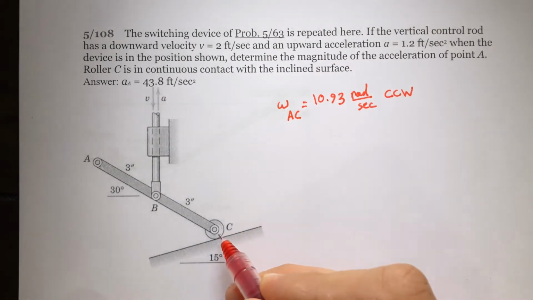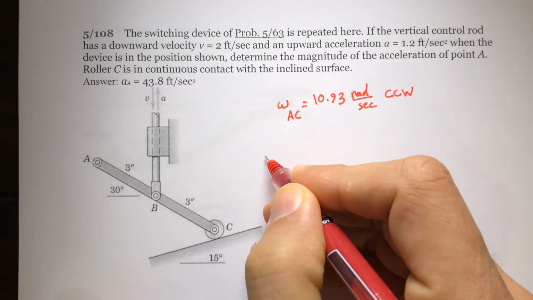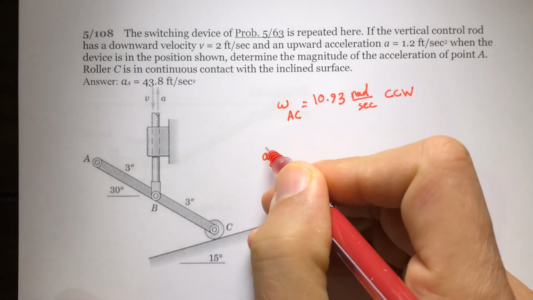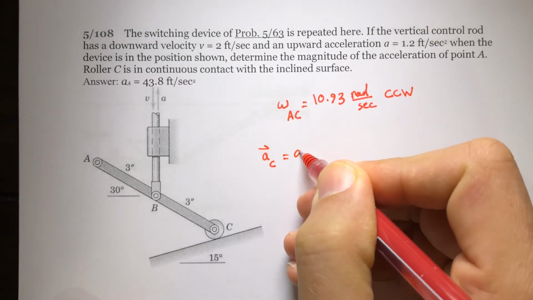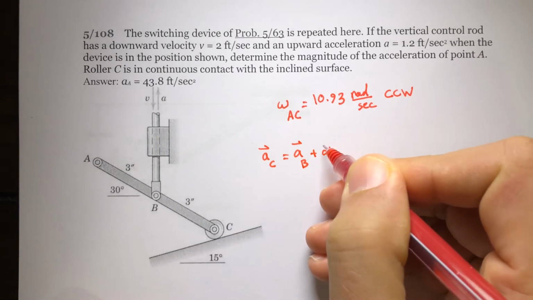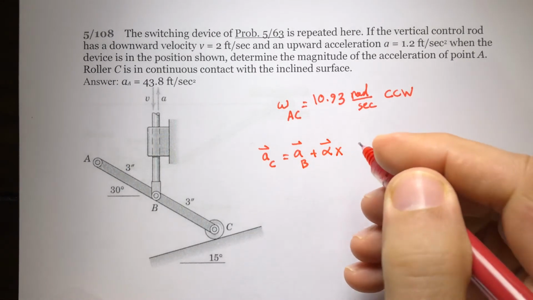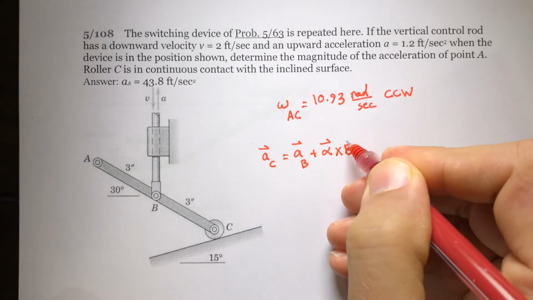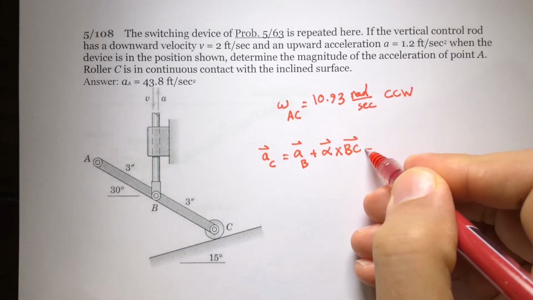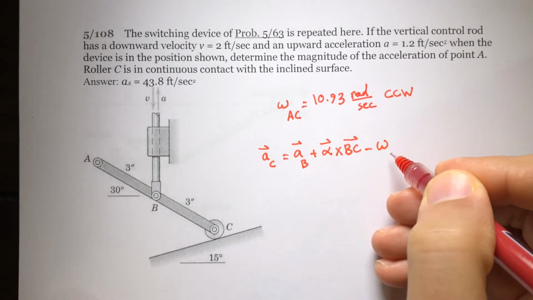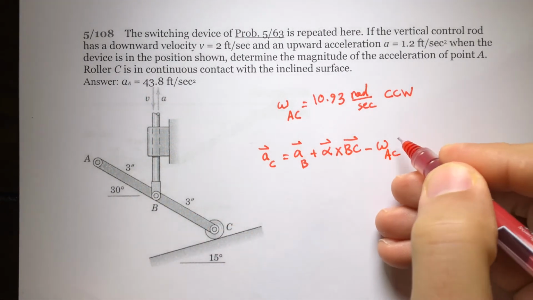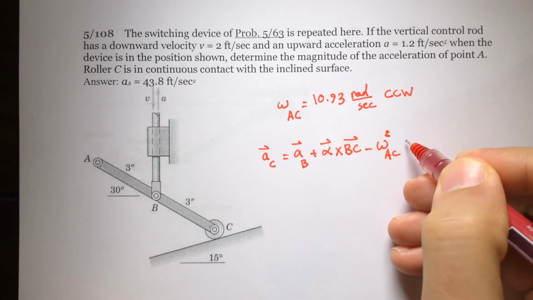So the relative acceleration equation between B and C is this. Acceleration of C is equal to acceleration of B plus alpha cross product BC, then omega cross omega cross BC, or negative omega of this bar, which we called AC, squared, times BC.